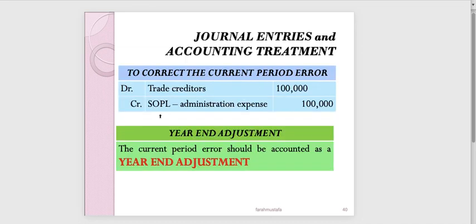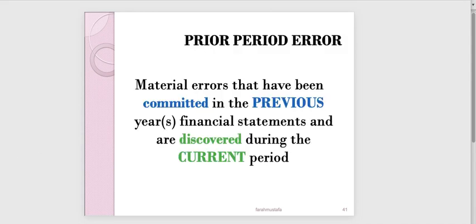So to correct the error, you need to reduce the creditor account and you have to reduce the salary account, credit salary. If you credit SOPL, that means you increase your net profit, because when you reduce salary, the effect is your profit will increase, so you can credit SOPL. So this is called year-end adjustment if it is a current year error.